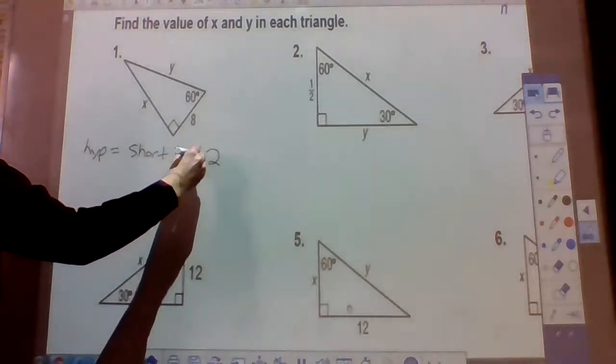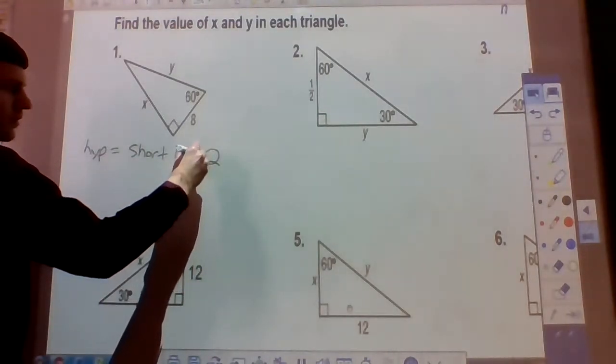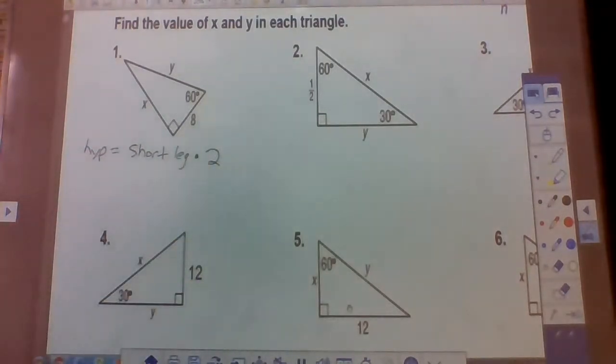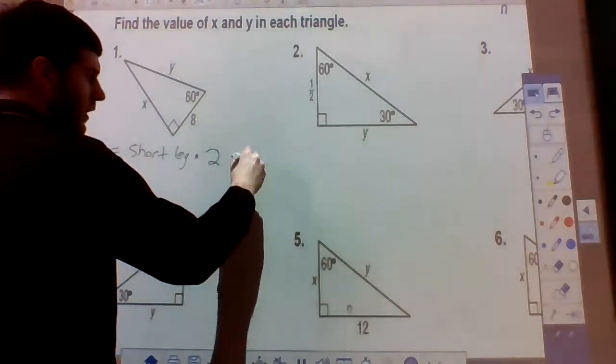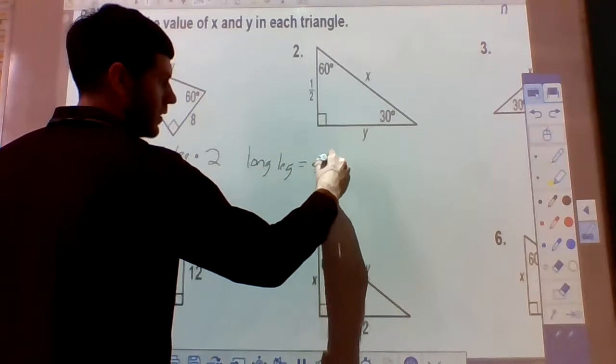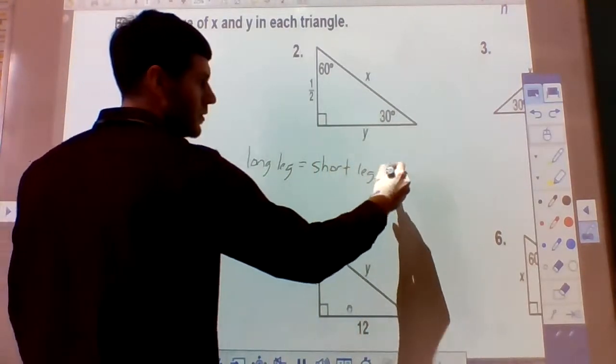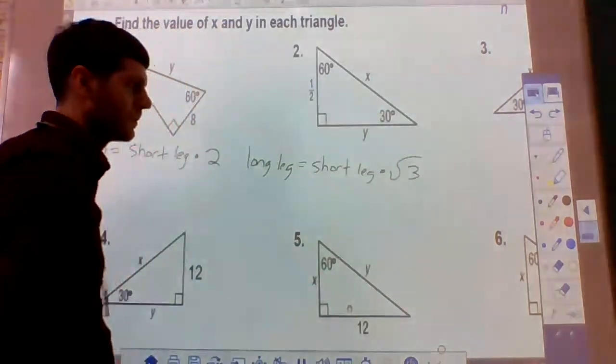Okay, that's a multiplication dot. And then the long leg equals the short leg times the square root of 3.